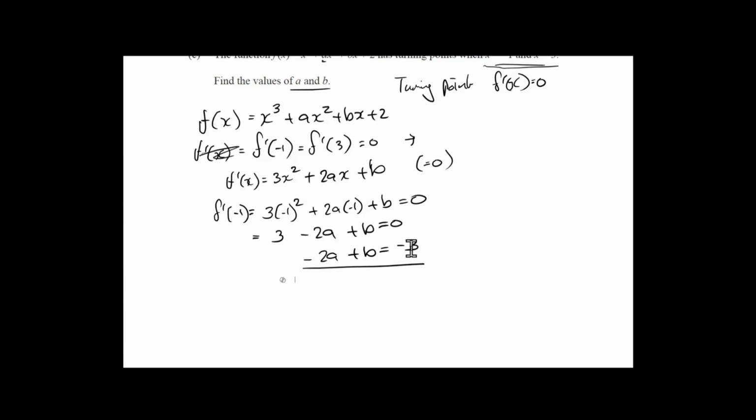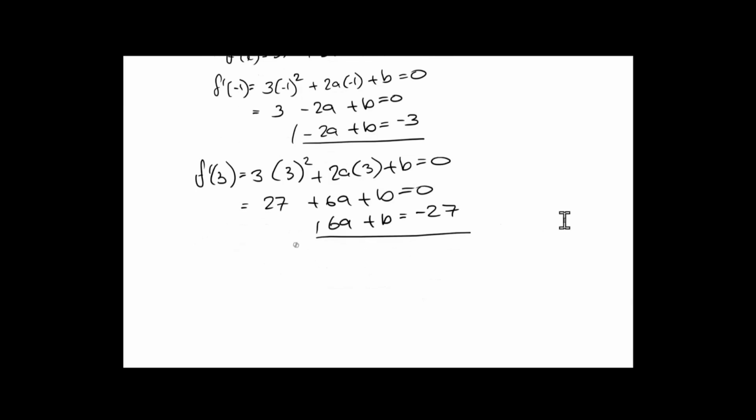That's 1 done, and now let's do it for 3. So f prime of 3 is going to be 3 times 3 squared plus 2a times 3 plus b, and that equals 0.